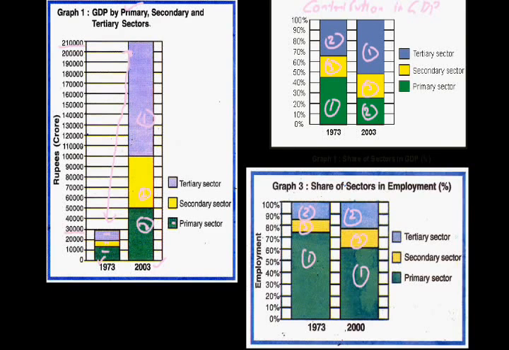But in the contribution to GDP, the system has totally changed. Earlier the tertiary sector was contributing the second largest amount in GDP. Now it is the largest contributor. This is the change made by globalization, and we have also learned in the historical changes in sectors that in the last 100 years the tertiary sector is playing the most important role.